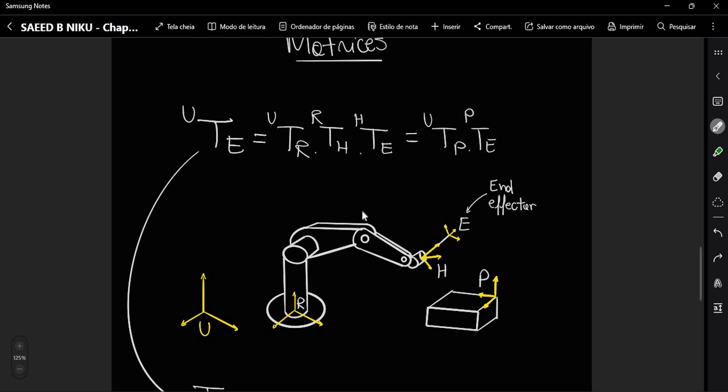And with this description, doing this analysis, we write this equation. So this equation describes all this that I have just read.